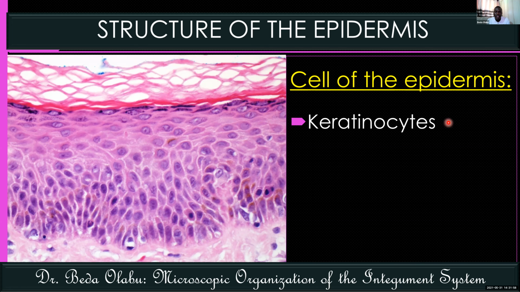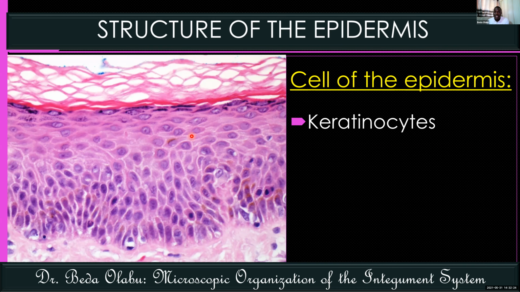Apart from forming the protective barrier, keratinocytes are actually the ones that secrete the keratin substance. It's a protein. It's not a pigment, it's a protein. It is for this reason that we call them keratinocytes. Usually they have some granules within them, known as keratohyalin granules.